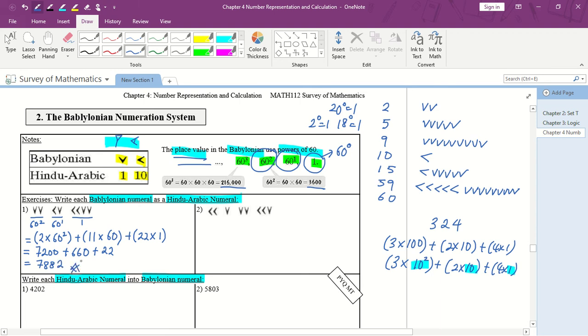Okay. And the next one, again, we have 4 items here because there's space in between, so we know there's 4. And we know this is 60 power of 0, this is 60 power of 1, this is 60 square, this is 60 with a power of 3. Again, this is going to the left, so we know this is 10, this is 10, so we know this is 20 times 60 cubed.